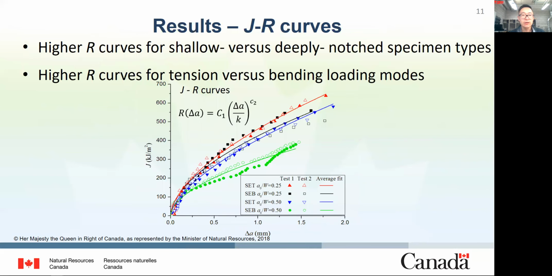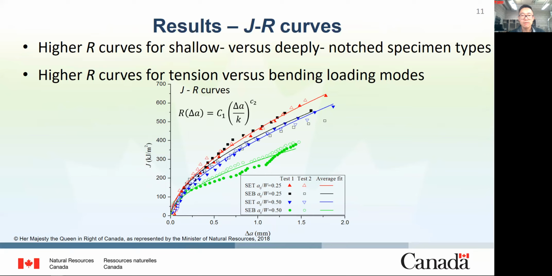Now we are showing the tested JR curves and CDODR curves. In general, we could see the expected trends of higher resistance curves for both shallow notched specimen types and tension versus bending loading mode. Also, the shallow cracked SEB specimen exhibits resistance curves similar to the deeply notched SET specimen.